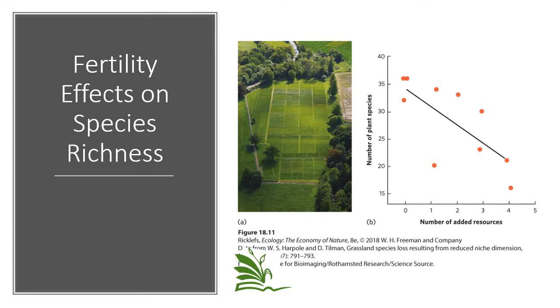and how those grassland communities change in response to fertility. So what he did was he created plots with the same species planted within each of them, and then he fertilized them in different ways.